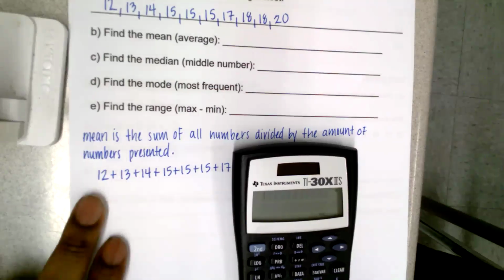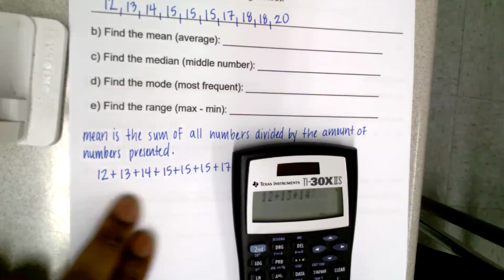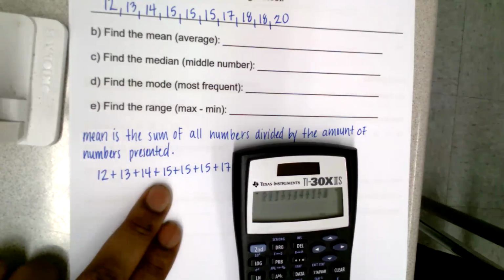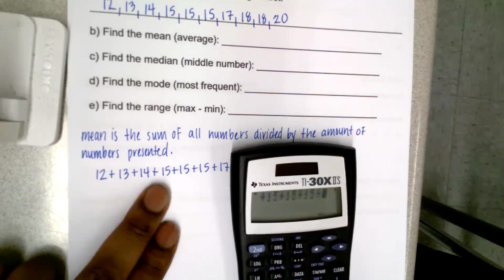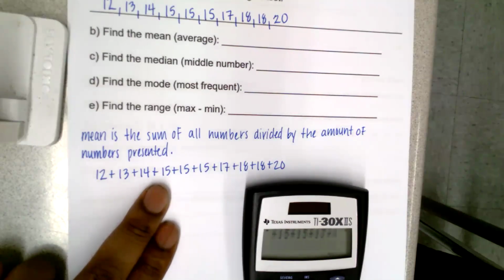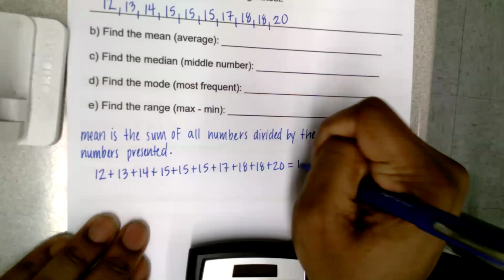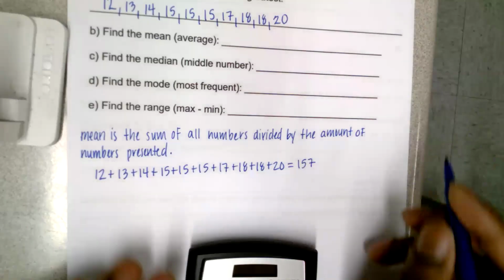So let's add 12 plus 13 plus 14 plus 15 plus 15 plus 15 plus 17 plus 18 plus 18 plus 20. And I get a total of 157, right?